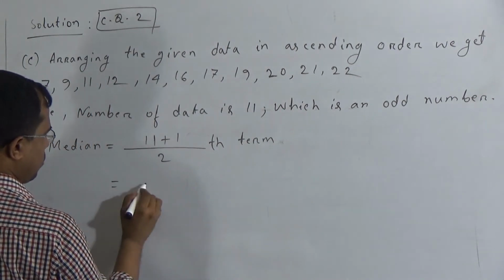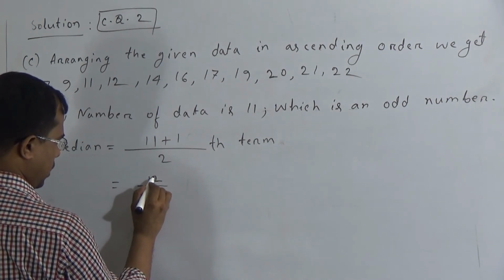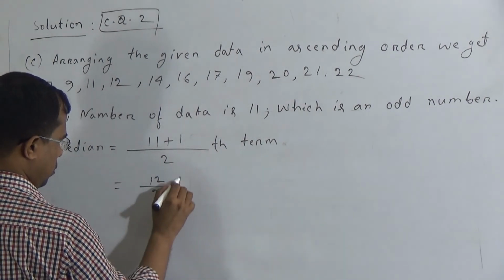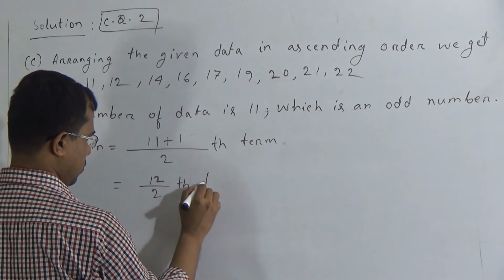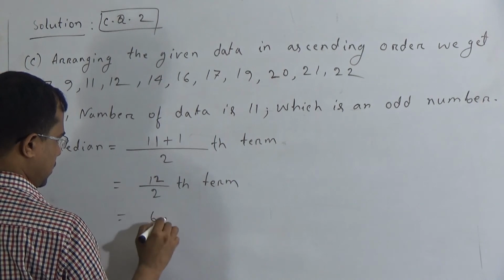Now 11 plus 1 means 12 by 2th term. Now 12 by 2th term means 6th term.